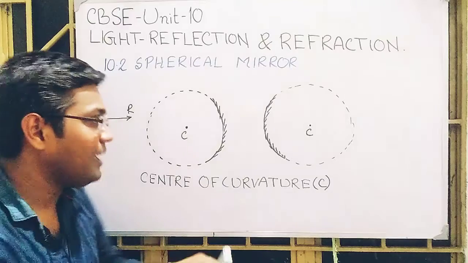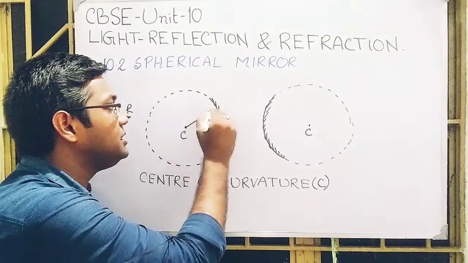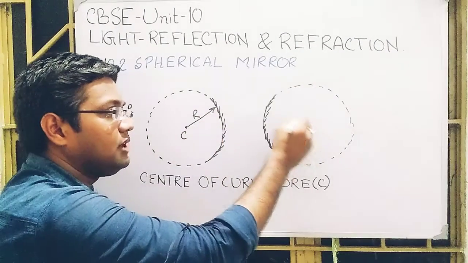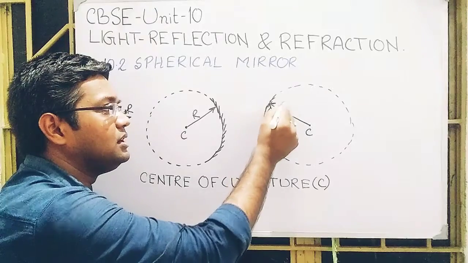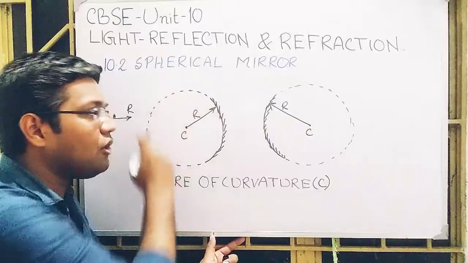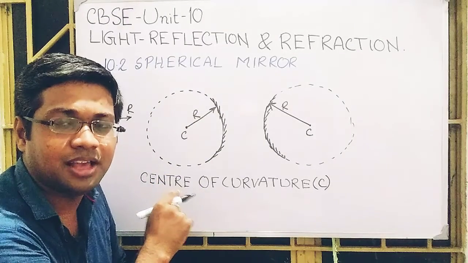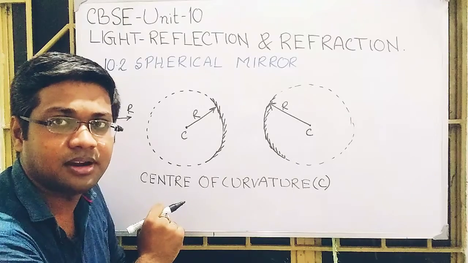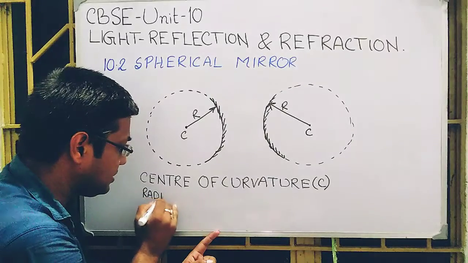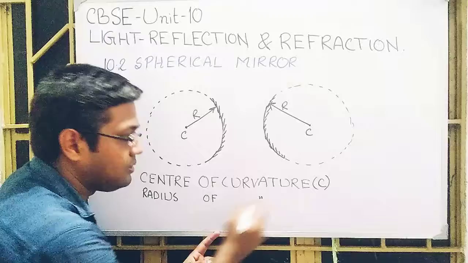If it is a sphere, then obviously there has to be a radius here also, and here also, and the radius of that imaginary sphere of which the mirror is a part is called the radius of curvature. So we know another term, that is radius of curvature.